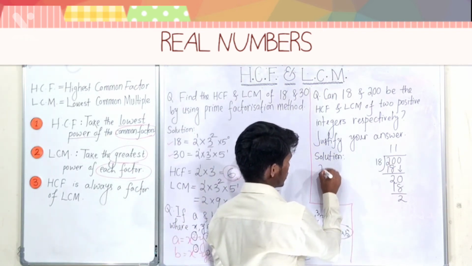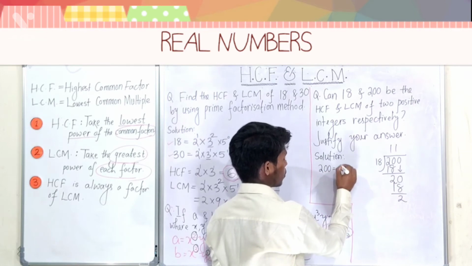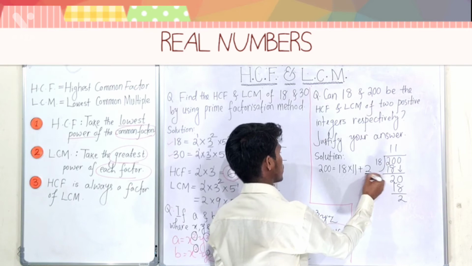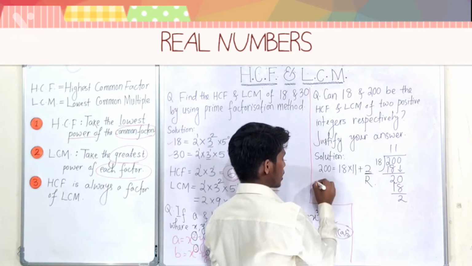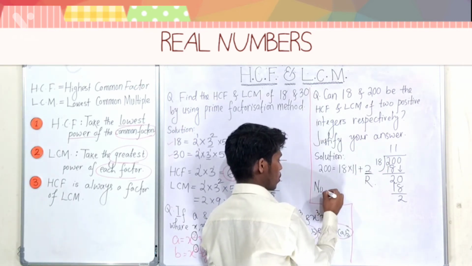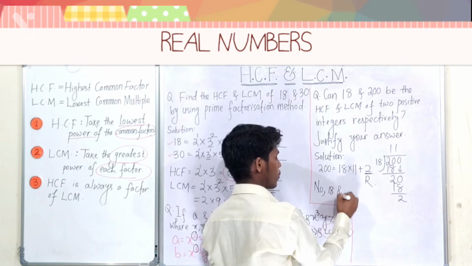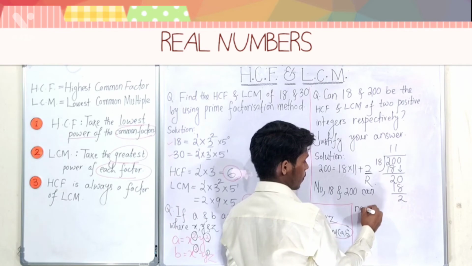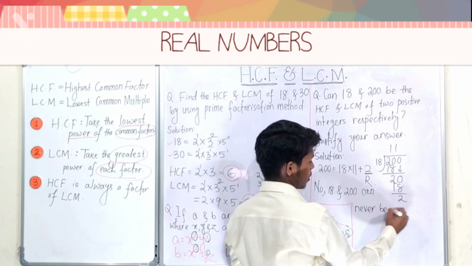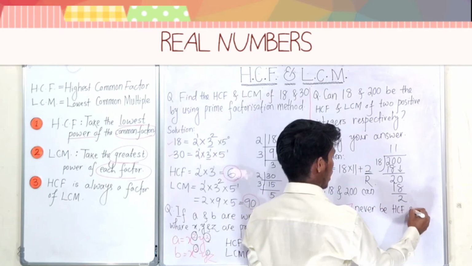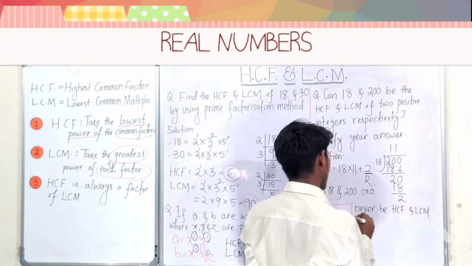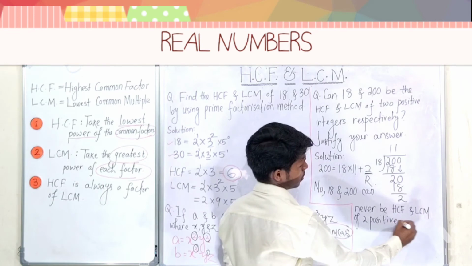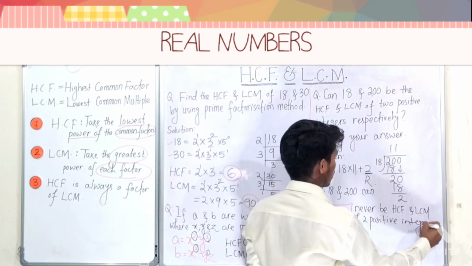So now let's write it. 200 is equal to 18 into 11 plus 2. Here 2 is the remainder. So we'll write no, 18 and 200 can never be HCF and LCM of two positive integers.